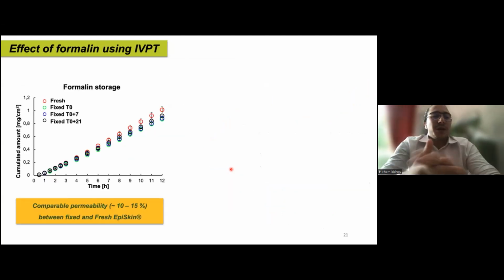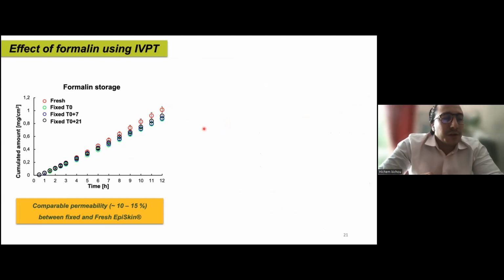The caffeine permeation results demonstrate that the permeability through the fixed EpiSkin at T0, T0 plus 7, and T0 plus 21 days was comparable to that of fresh samples, represented in the red circle here. The observed differences were minimal, ranging from 10 to 15%, with a maximum of 0.85 fold decrease.